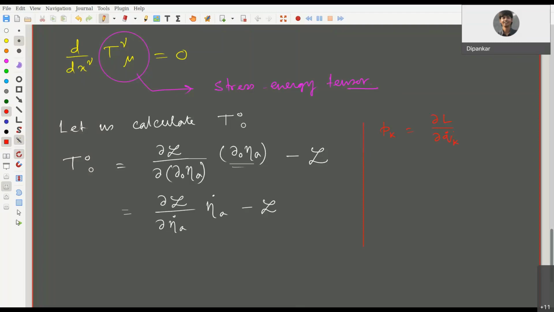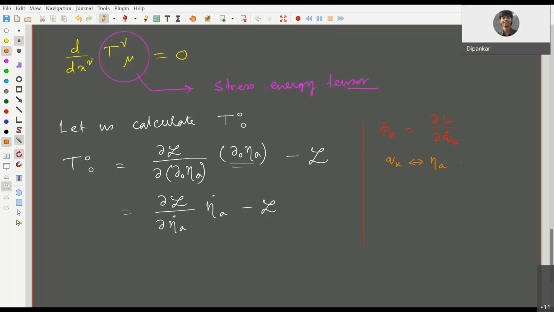I told you that the role of qk is now taken by eta A. So when you're trying to connect between this classical field theory and the discrete mechanics, the qk, basically the sense of coordinate, is carried out by the field itself.